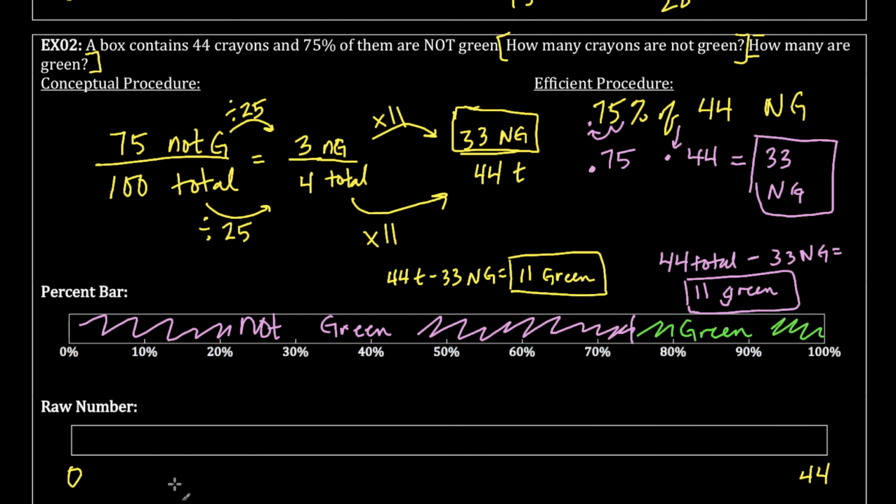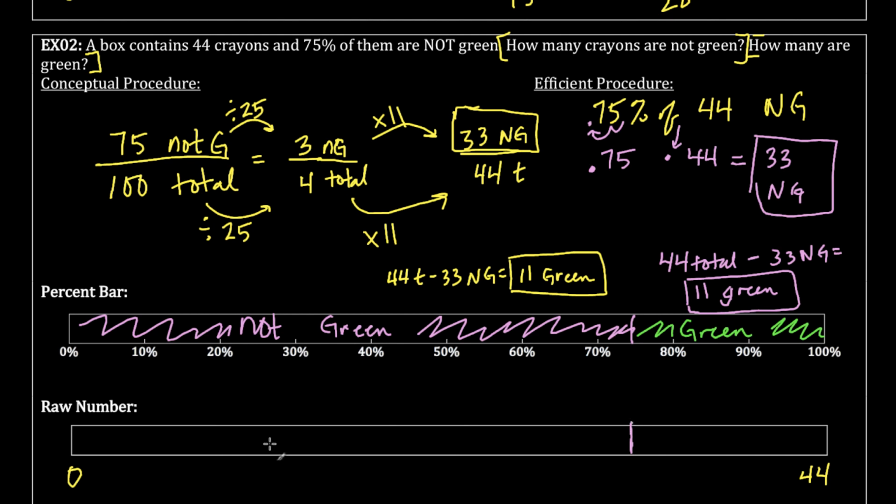Now remember, these should match up. So all you really need to do is, as long as you have 0 here and the total here, you should be able to just follow this.